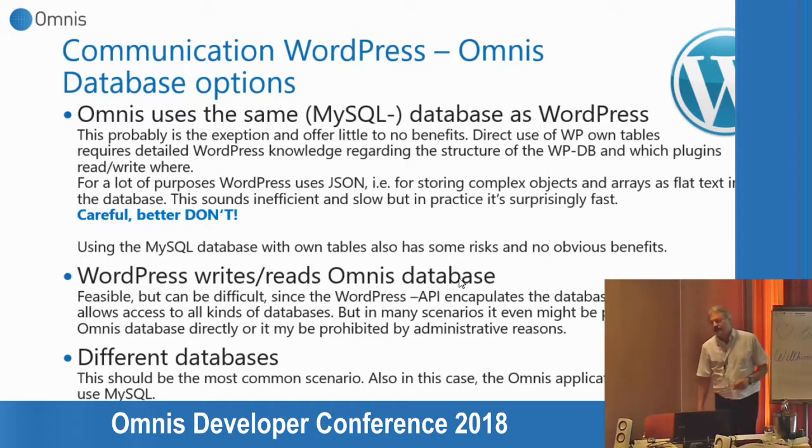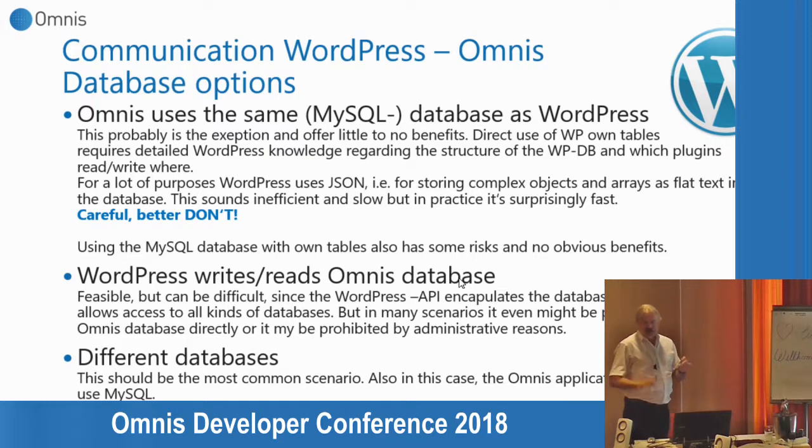You can read from it, but since WordPress has its very own database model, it's storing complex objects, maybe from post contents, and plugins store their own objects in the form of JSON strings, which are stored as flat text in blob fields inside the database, and I wouldn't mess around with that or manipulate it directly. If you do it, you must know very exactly what you do. So reading is okay, writing I wouldn't do it.